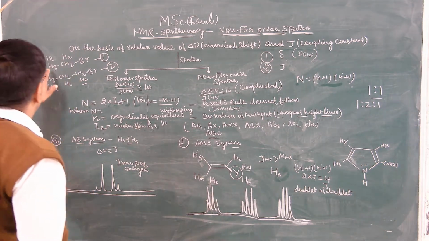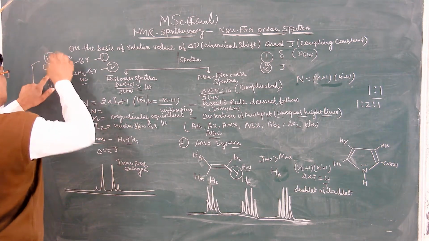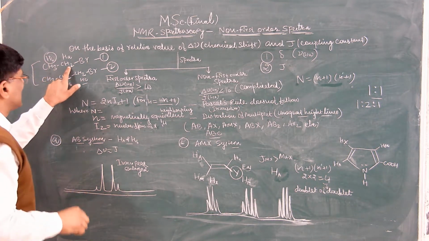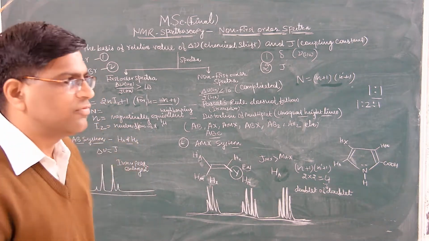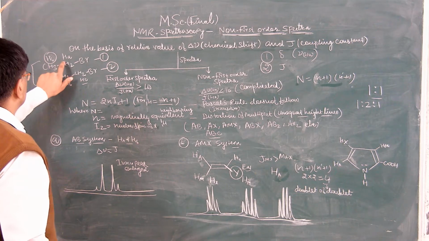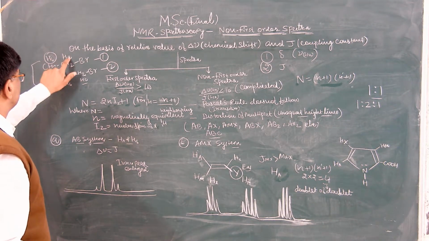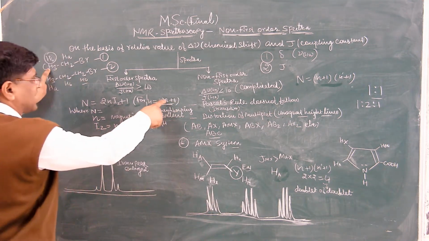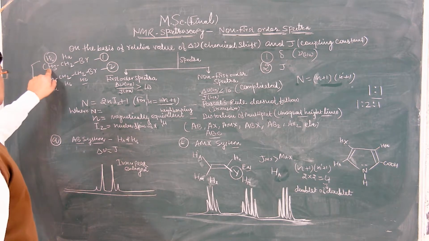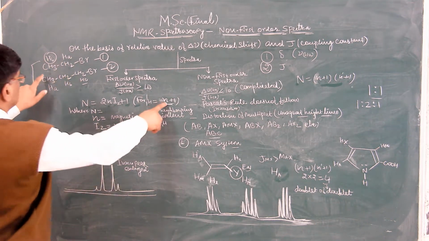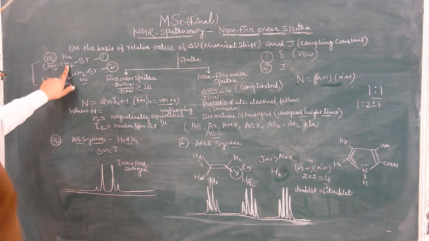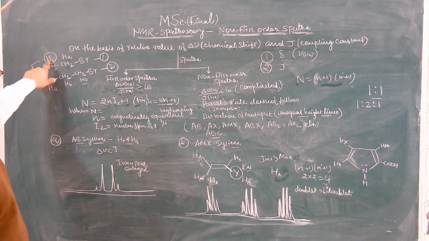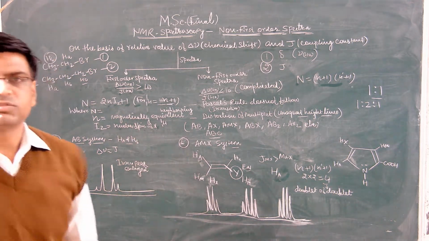We get a triplet for HB type of protons and a quartet for HA type of protons, because the number of neighboring protons with respect to HA protons is 3. We can apply n plus 1, meaning the number of magnetically equivalent protons near the HA protons, n equal to 3 plus 1 equal to 4, so we get a quartet for HA protons and triplets for HB protons.